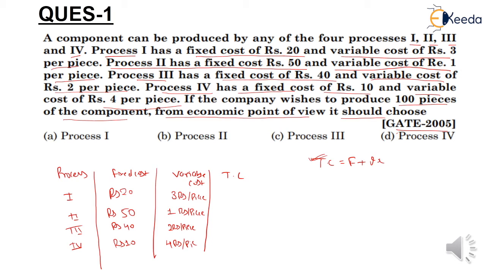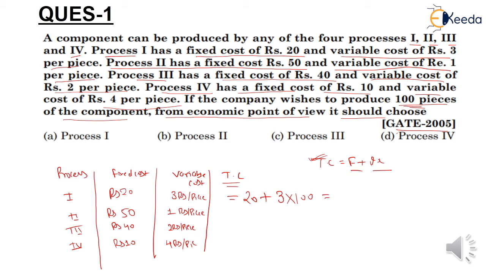Okay. So for process 1, the total cost is nothing but fixed cost plus variable cost. So the total cost of process 1 is the fixed cost of 20 rupees plus the variable cost of 3 rupees per piece into the number of components produced. It is 100 pieces, as given in the question. So multiply by 100.